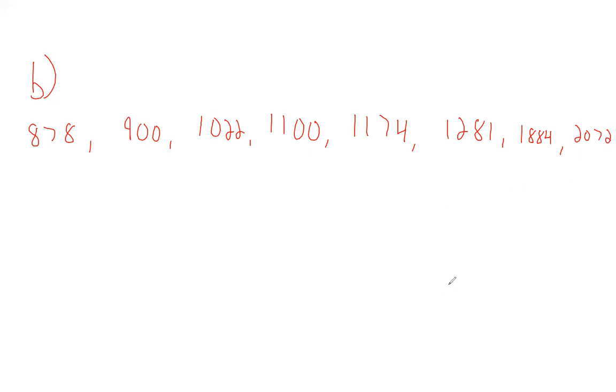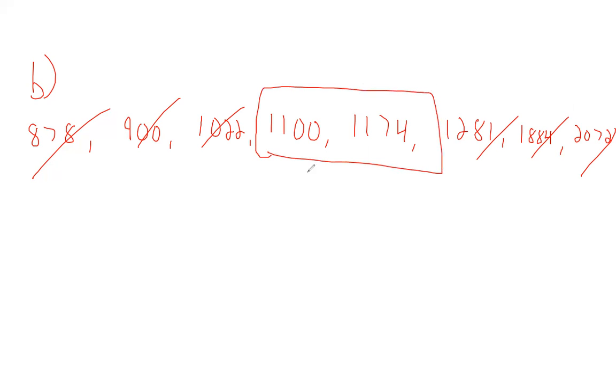To find the median, we cross off from the outside. Get rid of one pair, a second pair, a third pair, and we have two left. We have to find the mean of those two, so we add these two and divide by 2.